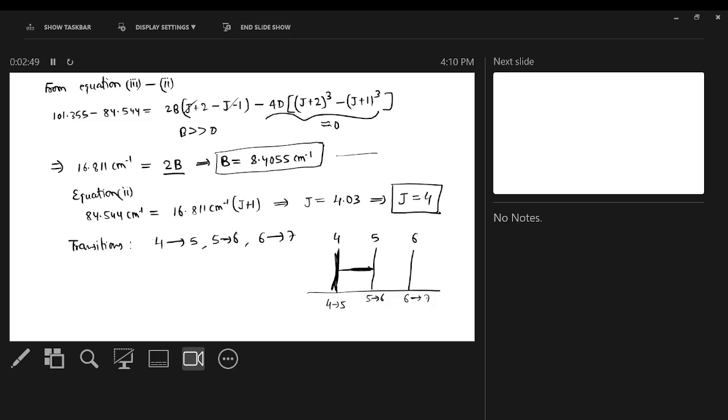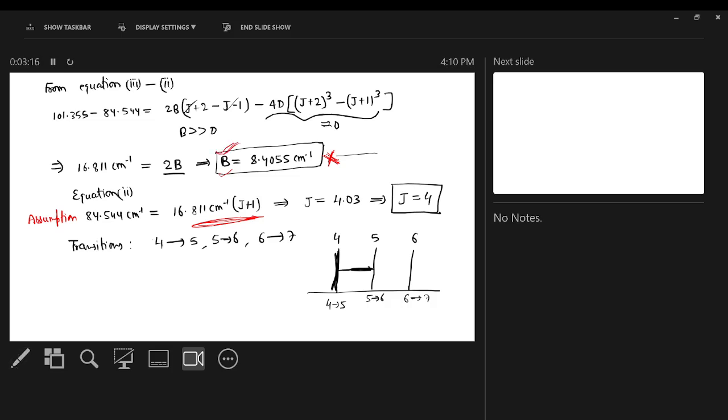This approximation is not that correct, because this b will change because the bond length is changing, but this rotational level will not change. So this assumption is correct, but this b we cannot calculate like this, because this b is changing in the case of a non-rigid rotor.